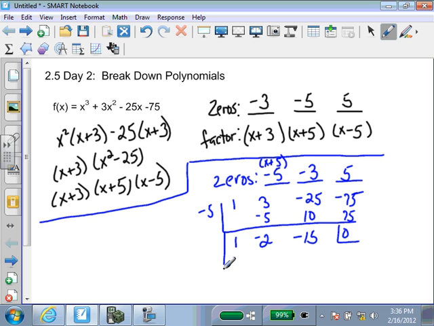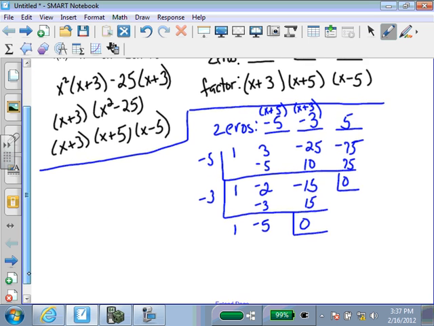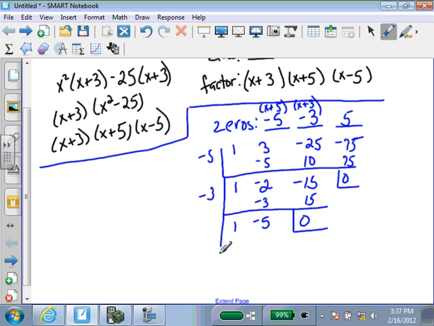And I would have layered in another synthetic division using negative 3: 1, negative 3, negative 5, 15, 0. So I confirmed that one. Then I would have layered in another synthetic division, 5, 1, 5. I have confirmed all 3.